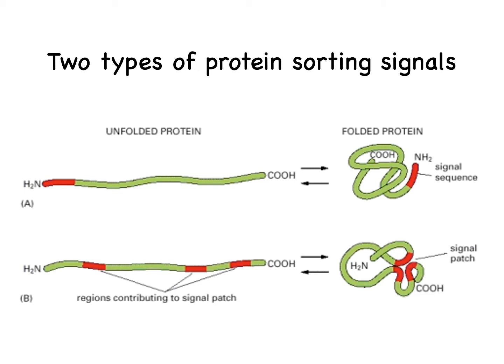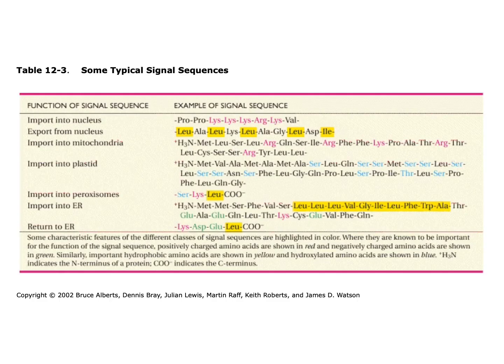So if we look at the first type of signal, the amino terminus signal, we see there's a lot of ambiguity here. There's no one run of amino acids that signals the protein to a certain location. Directing proteins to the nucleus might be a little more consistent, or a little more the same from protein to protein, shown here.